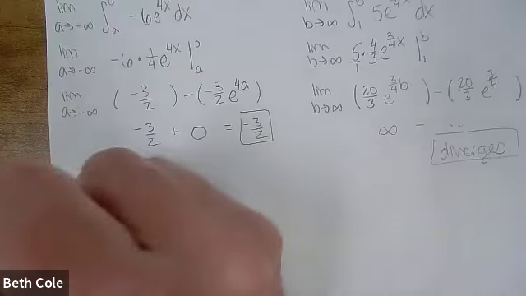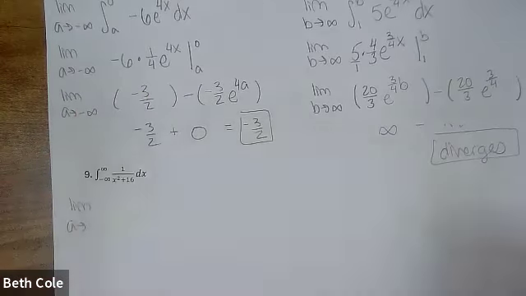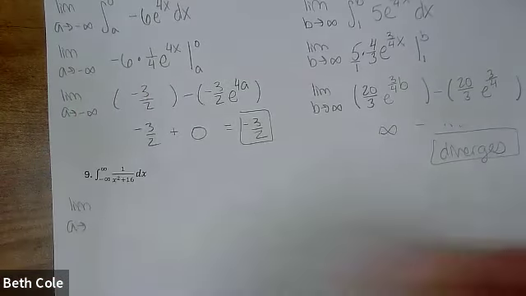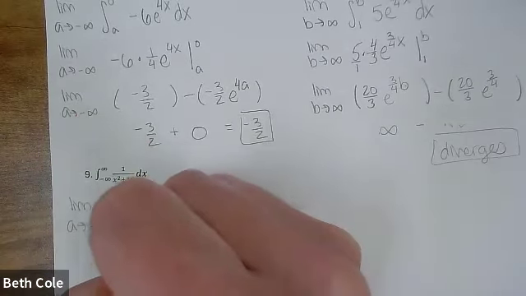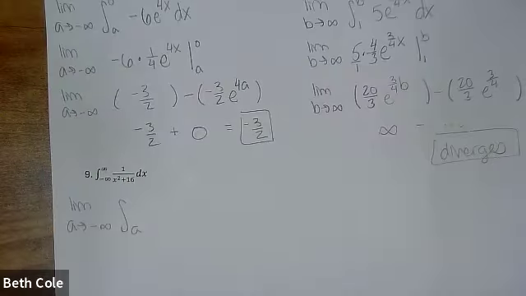All right. So limit as a goes to what? Negative infinity. Good. Integral a to something. We have to split this somewhere. You can't go from negative infinity to positive infinity all in one fell swoop. We're going to go from negative infinity to 0, and then from 0 to infinity.